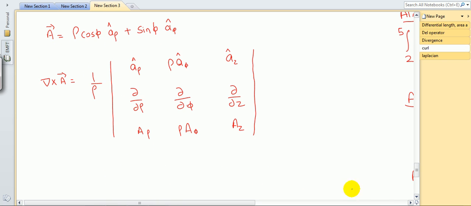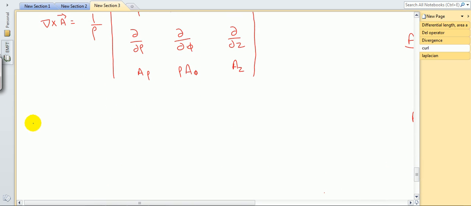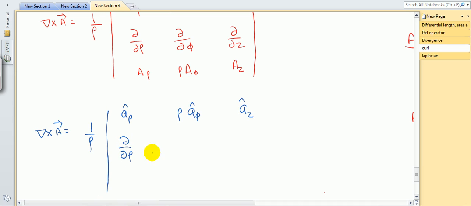So curl of A, I'll write here del cross A, it will be 1 by rho outside the determinant, and here A rho cap, here A phi cap, and rho is multiplied with this A z cap, here del by del rho, here del by del phi, and here del by del z.